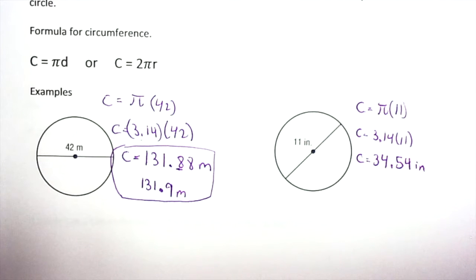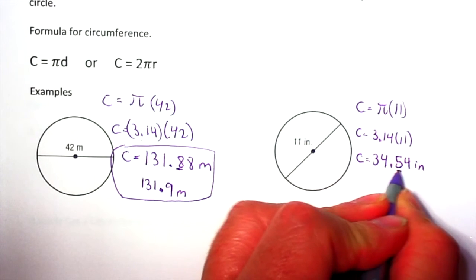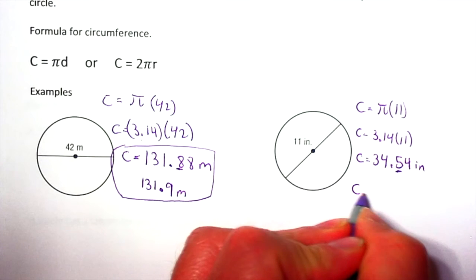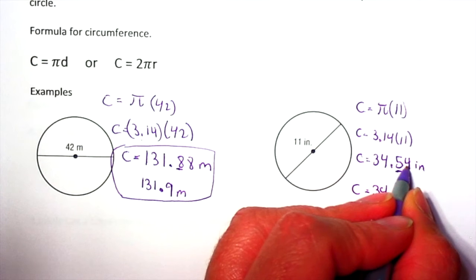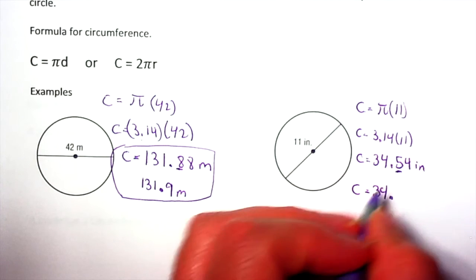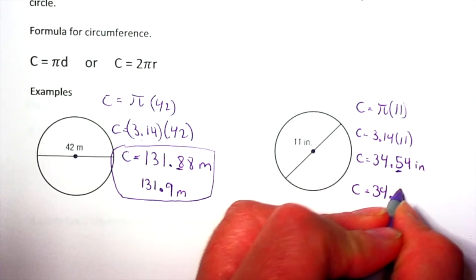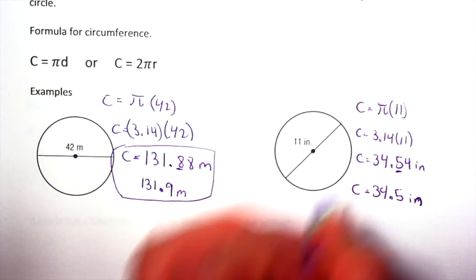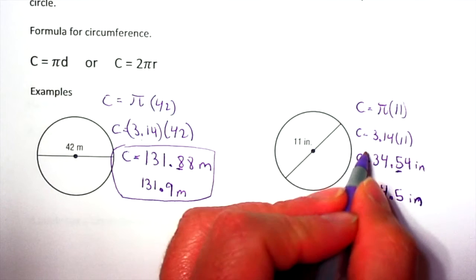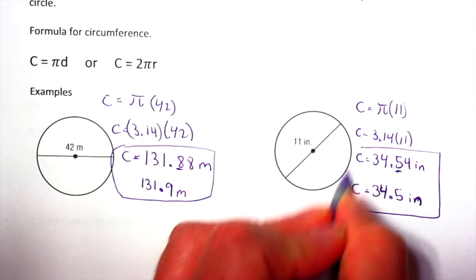Again, if I want to round to the nearest tenth, which is one place after the decimal, I have to figure out is that a 5 or a 6. Well, I look behind it, it's a 4. So it says 5 or lower, that's going to stay at 5, so 34.5 inches.